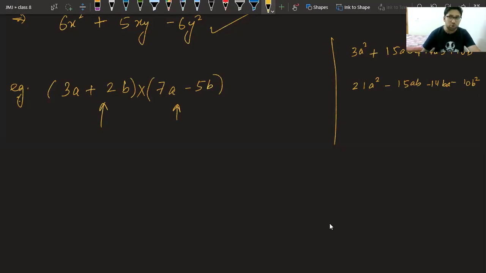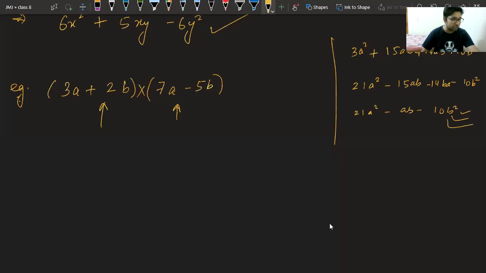Okay, Kriti is also saying 21a square minus ab minus 10b square. Same answer came from Hiteshri and Vansh. Okay, Aryan is giving the same answer because minus 15ab plus 14ab is minus ab only.